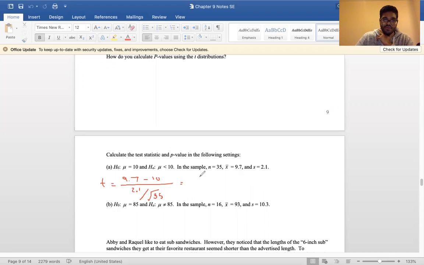And this is equal to a t-value of negative 0.845. The degrees of freedom, n minus 1, is 34. 35 minus 1, 34. So you can try the next one on your own, see what you get, and we can kind of compare those.